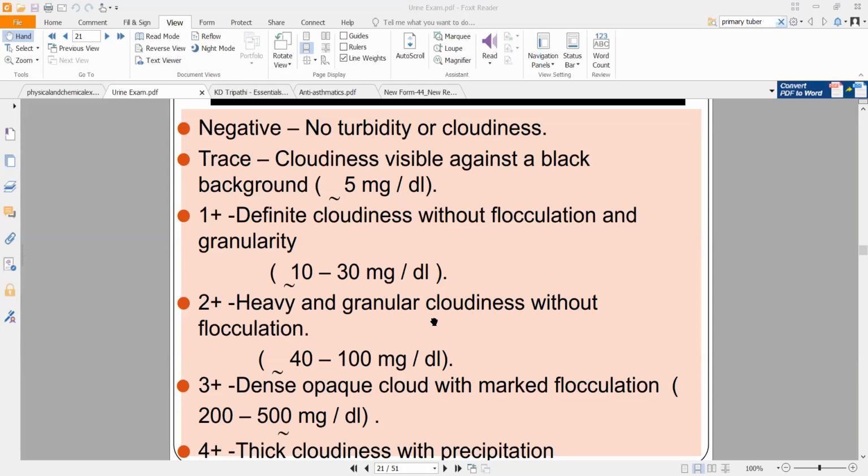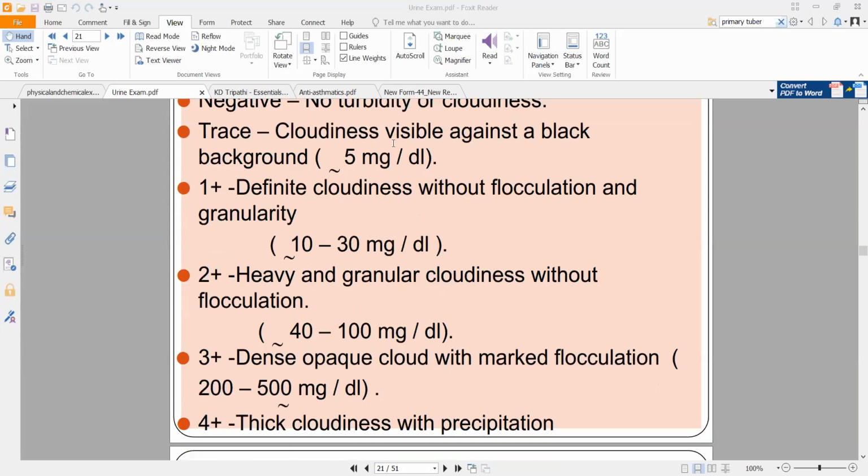As we keep progressing in points, this indicates that more and more protein is present in the urine, and we are going towards a condition where more and more protein is being excreted. It might not always be a dangerous condition, though it can be.